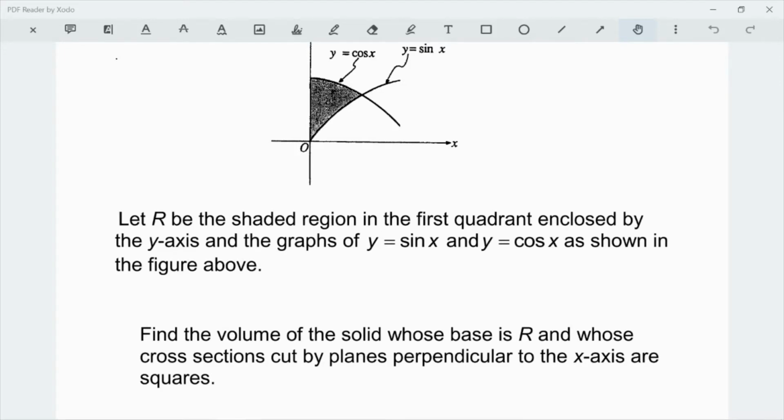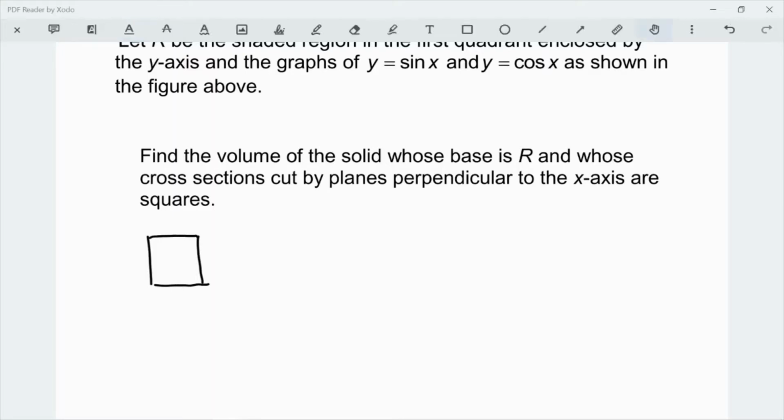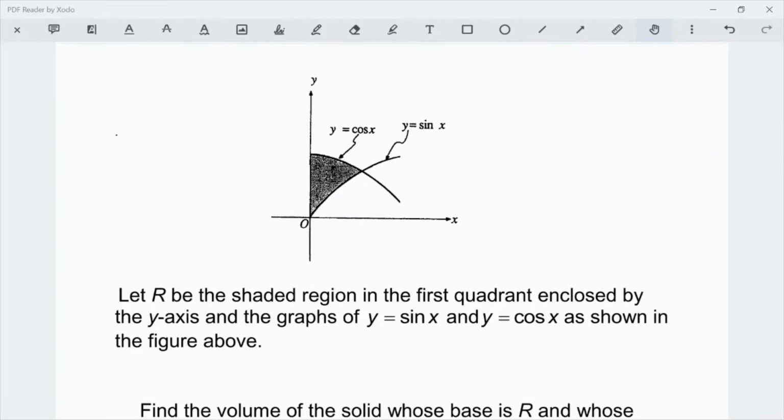So when you first start this, you might want to actually draw your cross section. So I'm going to draw this cross section of a square, and then I'm going to label its dimensions, because this really reminds me this is what I'm trying to do: find the area of that cross section. So remember, it said they're perpendicular to the x-axis, and the distance that I want is going to go from here to here.